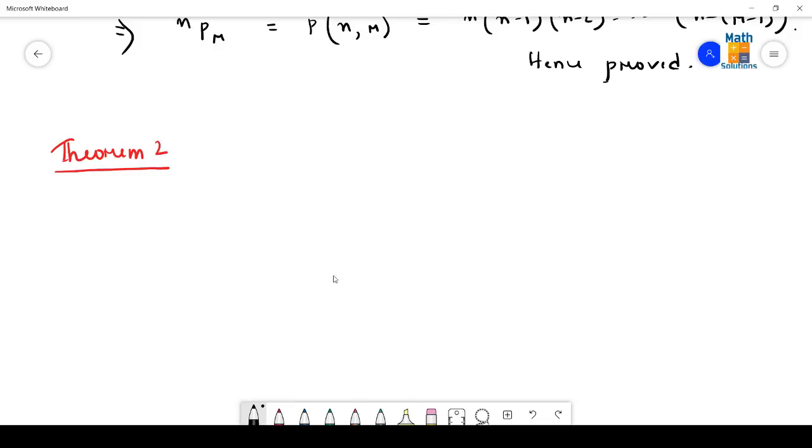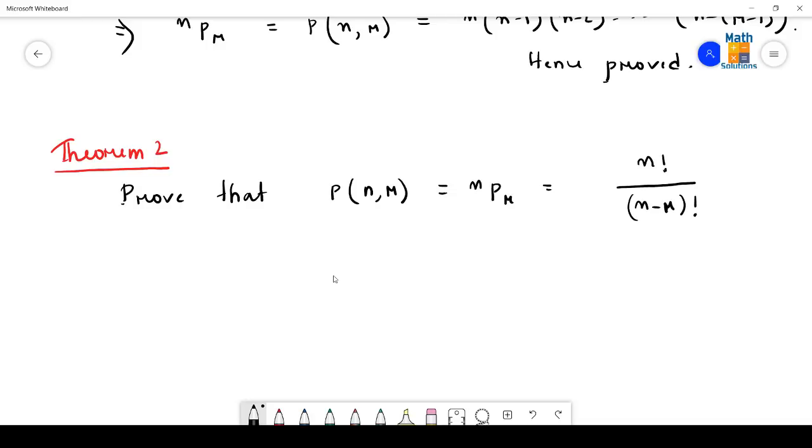The statement is like this, and this theorem is very important: prove that PnR is equal to n factorial divided by n minus r factorial. The concept of factorial we already learned in my last video. Now let us check the proof part.